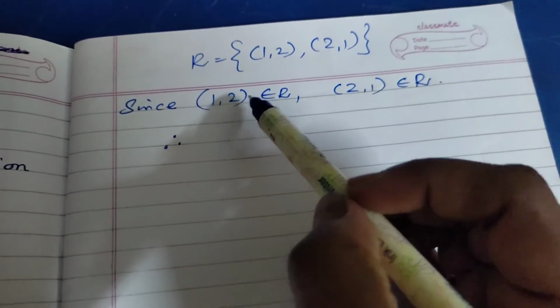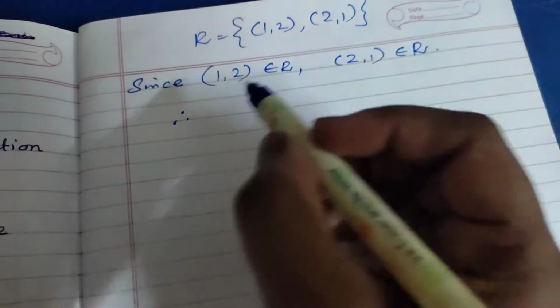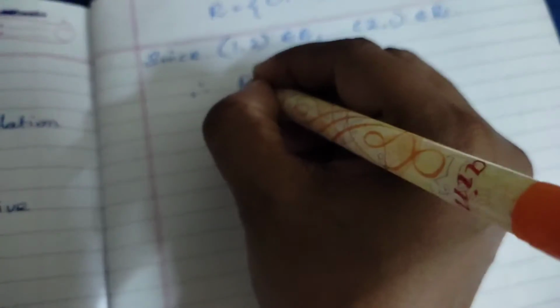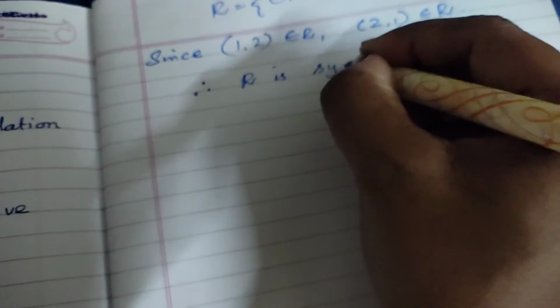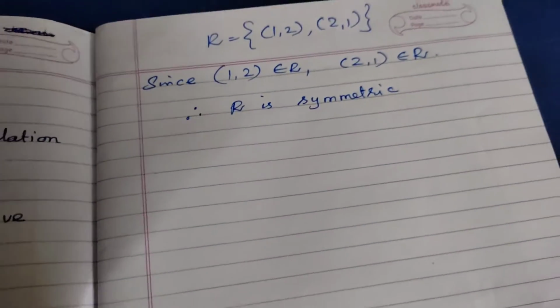Since (1, 2) belongs to R, (2, 1) also belongs to R. Therefore, R is symmetric.